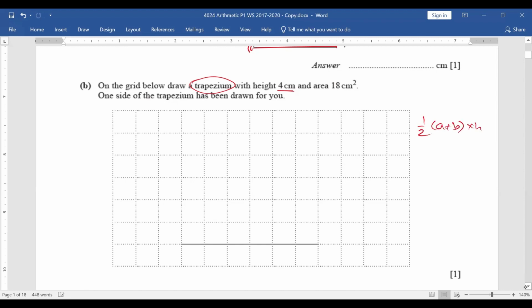The height is 4 centimeters, and the area should be 18 centimeters squared.